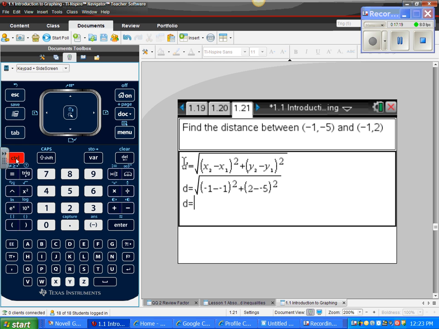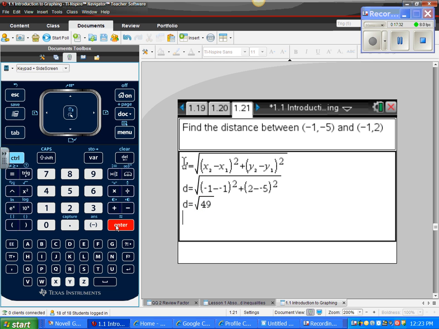D equals the square root. Negative 1 plus 1 gives us 0 squared, which is 0, plus 2 minus negative 5, which is 7 squared, is 49. And the square root of 49 is 7.